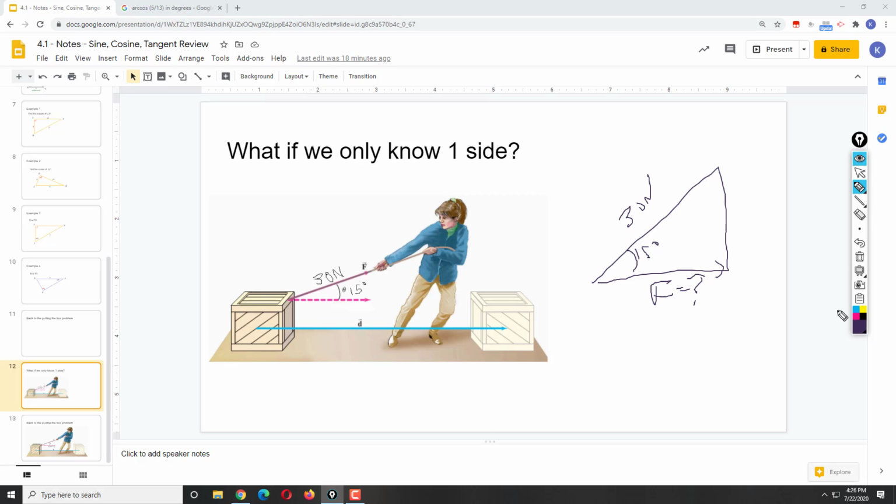Well, given this angle, this is adjacent. So we can use cosine of 15 degrees as our force, the adjacent, over 30. So multiply both sides by 30, force is going to be 30 cosine of 15. And we can use Google again.